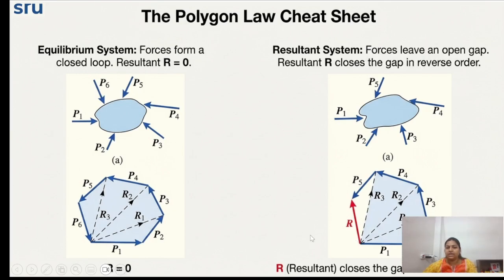Let's say this R point, let me show with the laser pointer. Here the resultant force will be the reverse in order. This last force is acting in this downward direction, so our resultant direction will be the reverse of this. These are representing the reverse force.